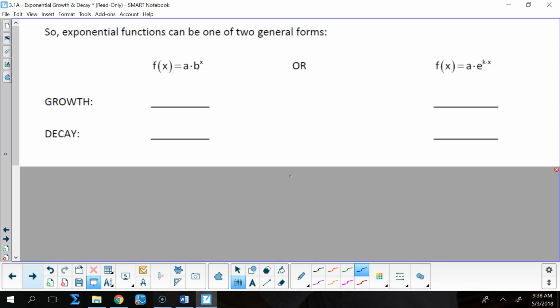So, let's sum all of that up. We are in a growth situation if b is greater than 1 on our standard ones. We're in a growth situation if k is greater than 0.